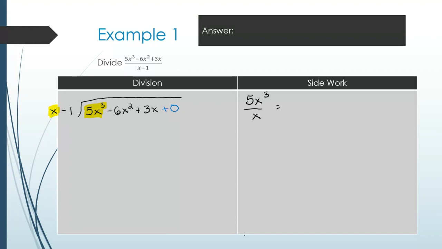This method helps you determine what you're multiplying by without having to think mentally about it. It's a little more routine because you're just following the rules of exponents. So you have 5, and then you remove an x, so you get 5x squared. That is what gets written up on top here.